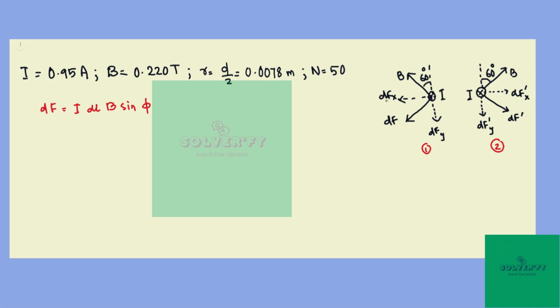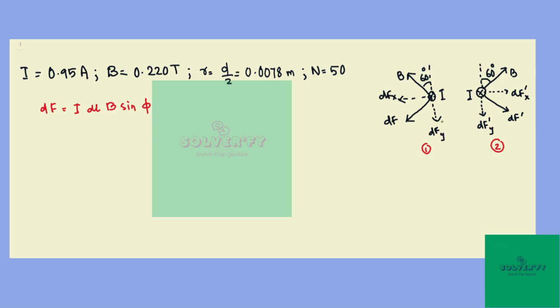So the magnitude of dFx and dFx dash are equal, but they are in opposite directions. So for this part, the net force, which is the sum of these two forces, is going to be 0.